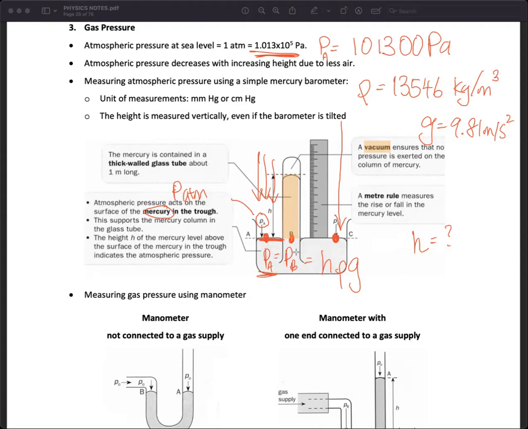Okay, measure the height. If I use mercury, what would the height be? The height of mercury.